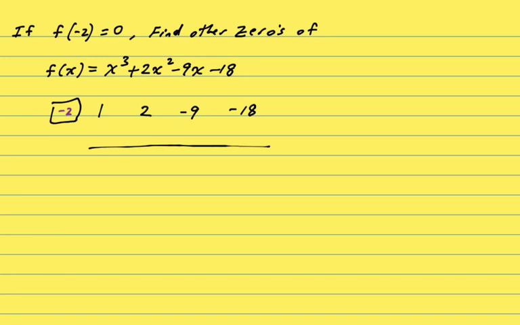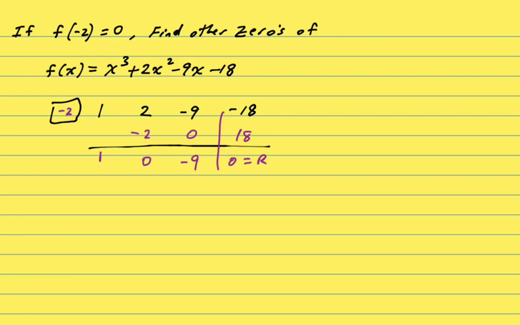So if I put a -2 in here, I better get a remainder of 0. Bring the first number down, multiply is -2, add is 0. Multiply is 0, add is -9. Multiply is 18, that does make my remainder 0.